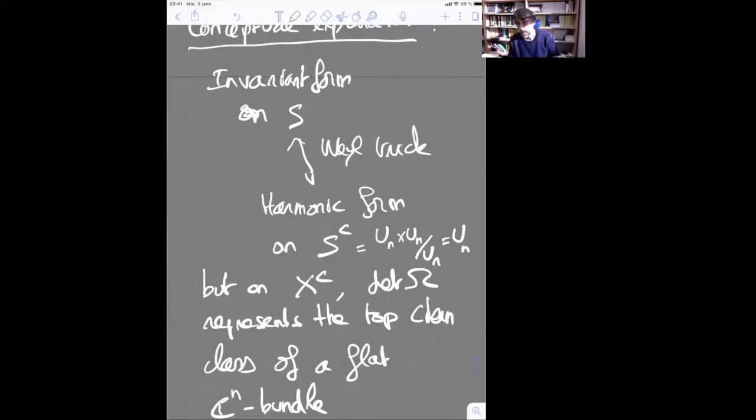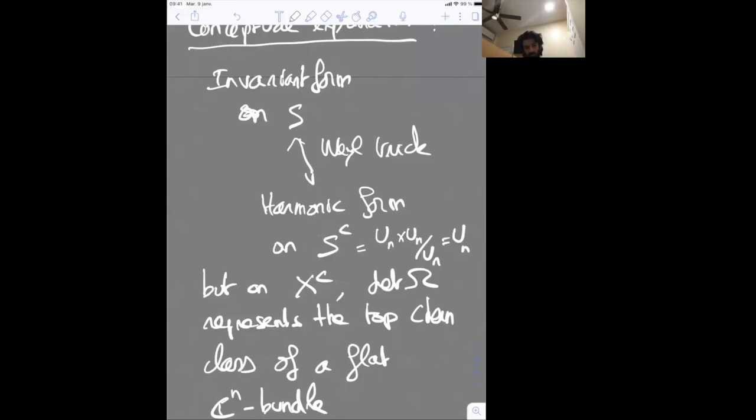And the bundle we are considering above is just isomorphic to Un cross Cn.